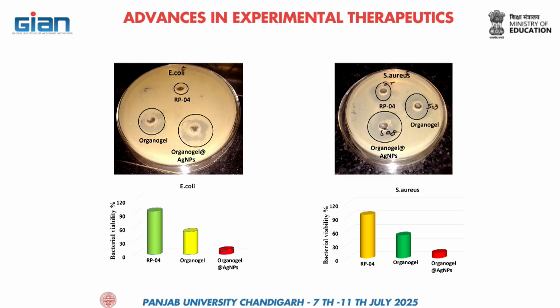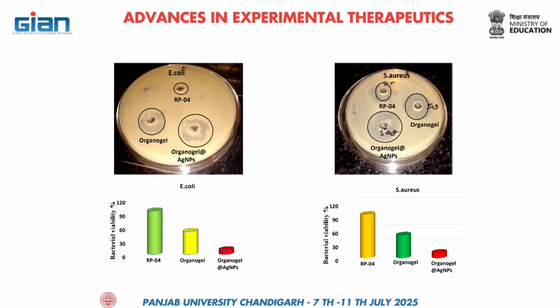Reduction is remarkable. So I mean to say, if you have any compound that is not giving you the activity, convert it into some entity, some self-assembled structure, and maybe you will get a better activity. And after that, if I put a little bit of silver nanoparticle, again the activity is improved.